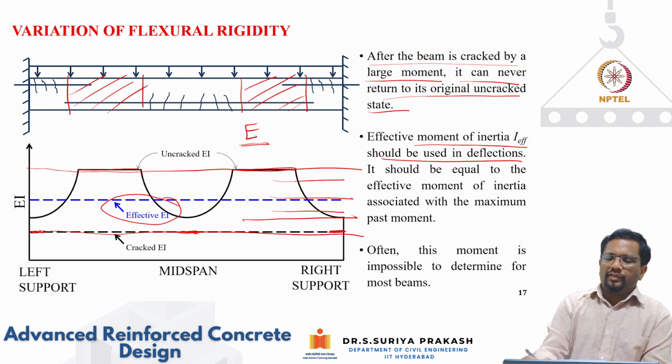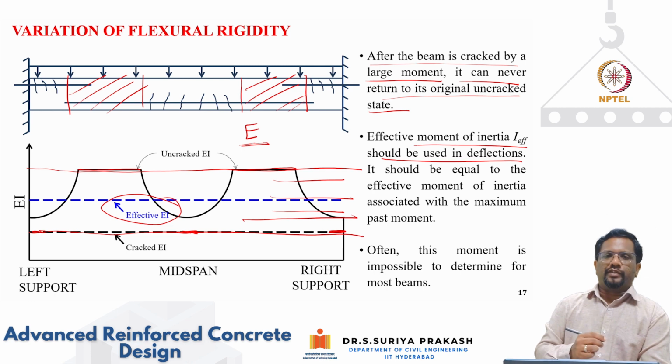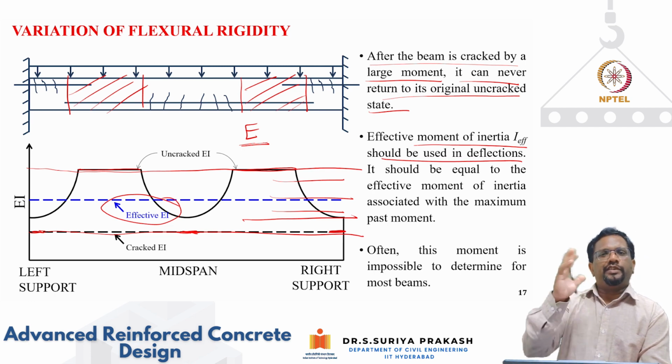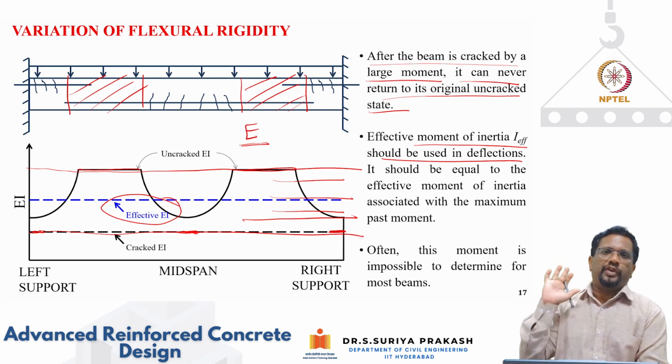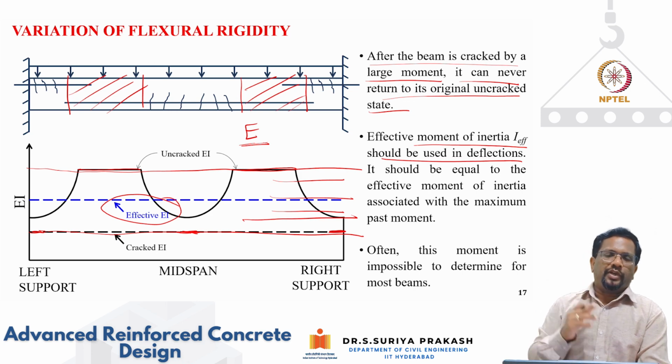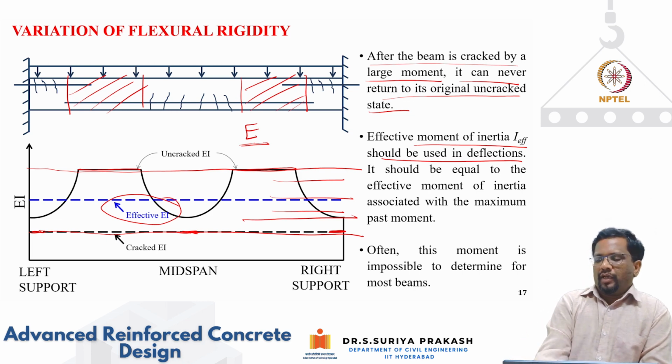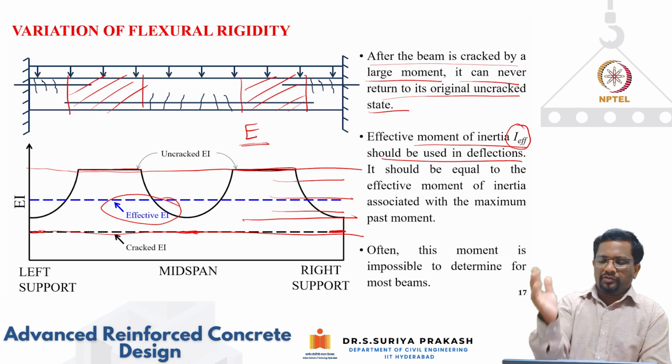That is the reason to calculate your effective flexural rigidity. We are going to say that E is not going to change, so you use 5000 square root of fck and you can take that as E. However, I effective is going to be used in the calculations, not I uncracked or I cracked.